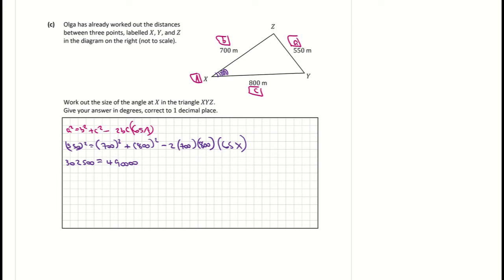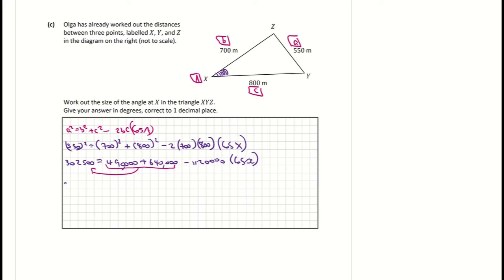490,000 plus 640,000 minus 2 times 700 times 800 is 112 and 4 zeros. So these are massive numbers here, but hopefully it'll tidy up in a second. What I'm going to do then is add these two together and move them over the equals.